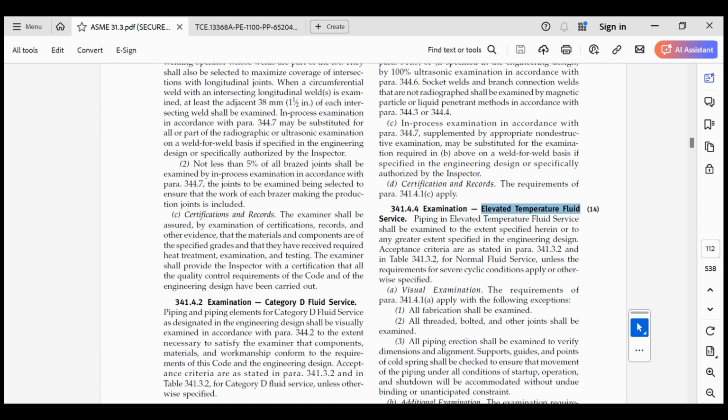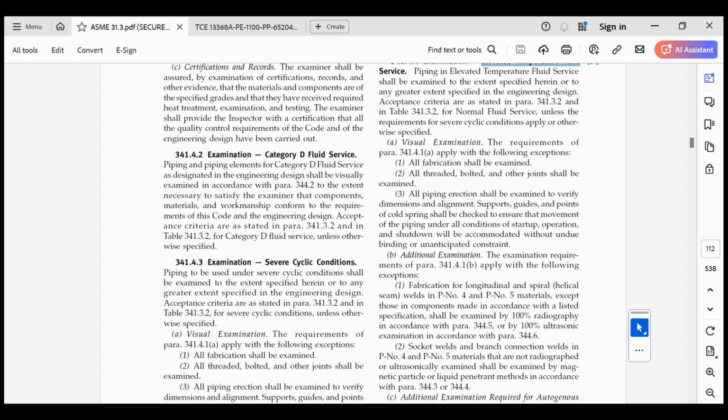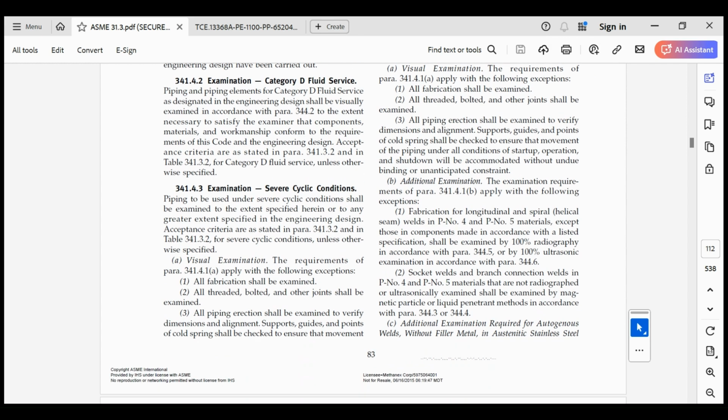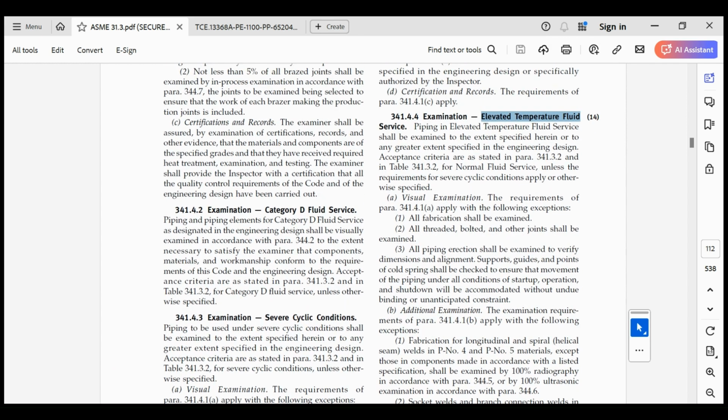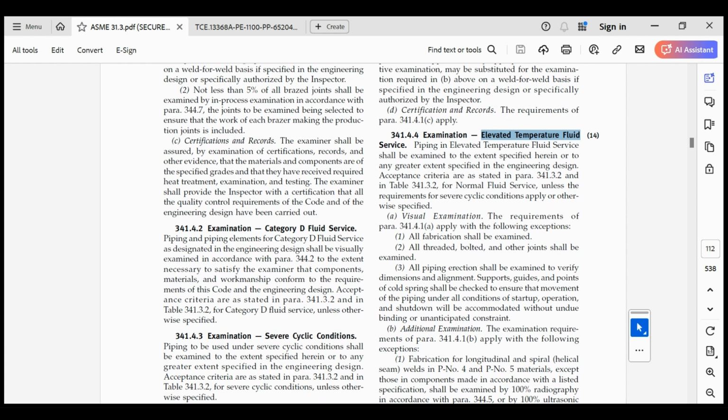We defined the categories against various services, and only then can we identify the testing, examination, and acceptance criteria based on those fluid categories. So this way there are many clauses related to this. Now we know how this 31.3 is guiding us to select the acceptance and extent of examination.